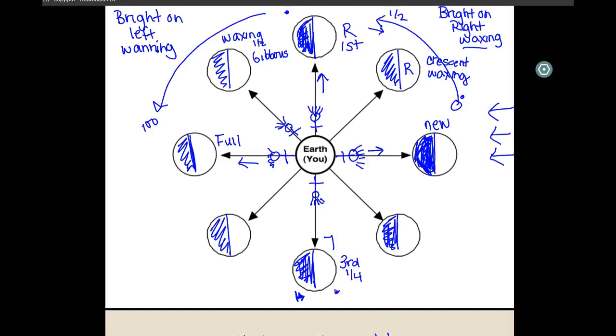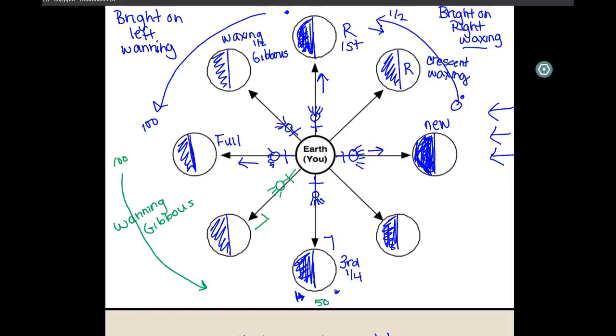Okay, here we're starting from 100% illuminated to 50% illuminated. So our moon is getting less bright. So then we know that it is going to be waning. Our person here on Earth would look up and see it bright on the left. It's more than half, so it'd be a waning gibbous.